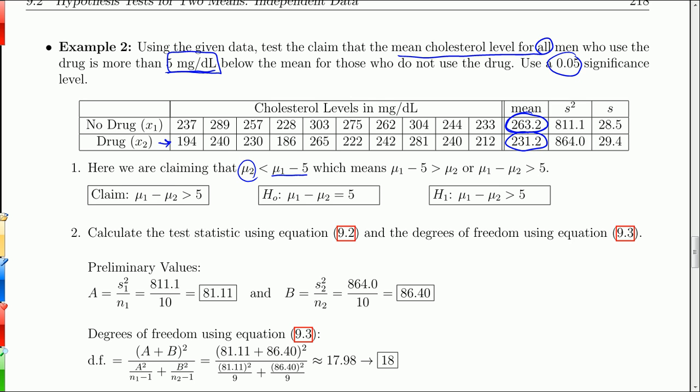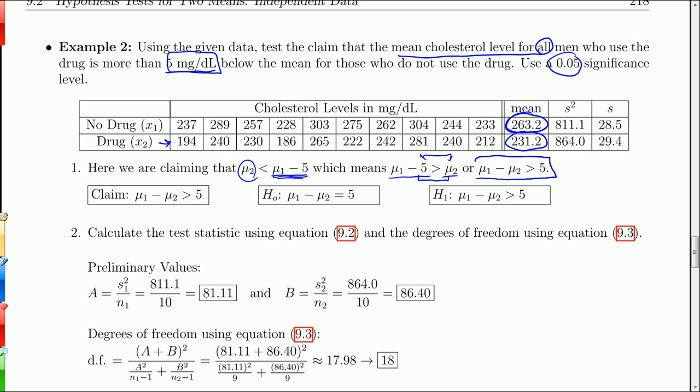So what that means, I'm claiming that mu2 is below mu1 minus 5, which is the same thing as mu1 minus 5 is greater than mu2. And so now I have to swing this over here, subtract mu2 from both sides, add 5 to both sides, and I get a claim that says mu1 minus mu2 is greater than 5.